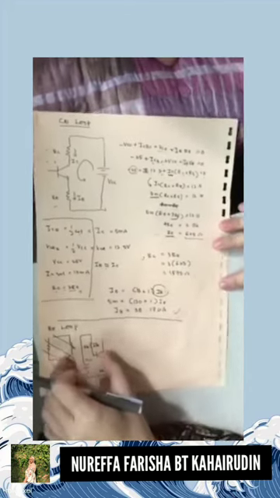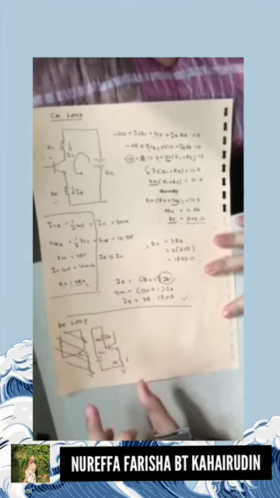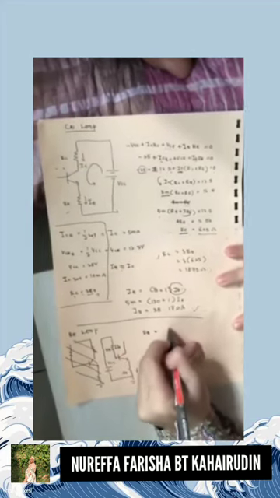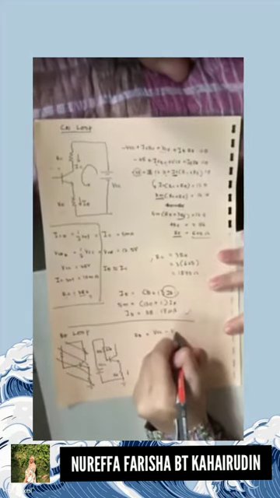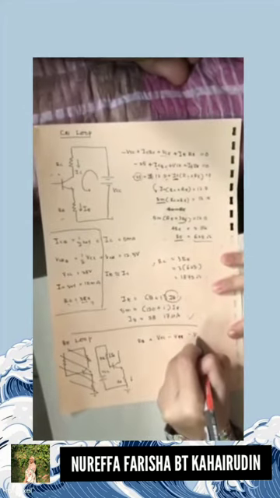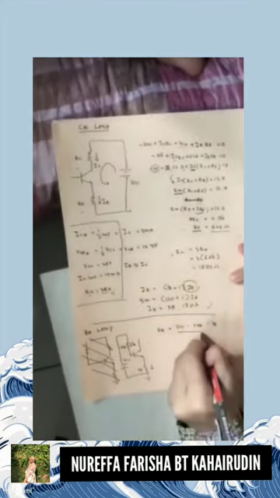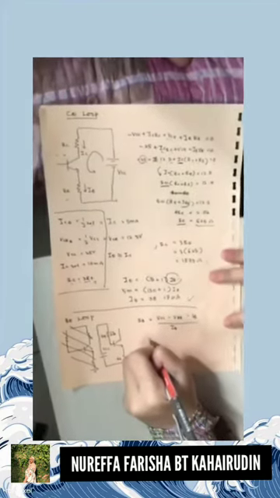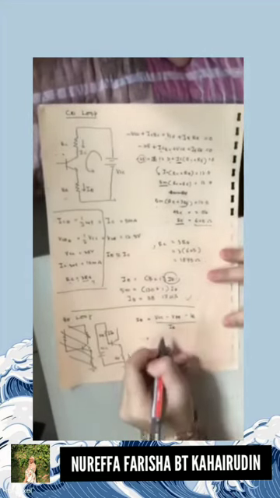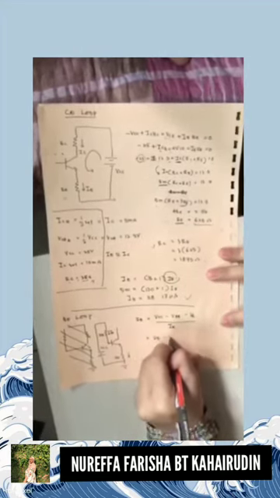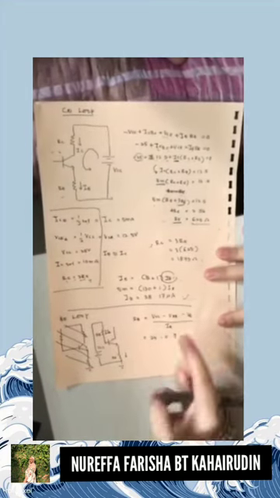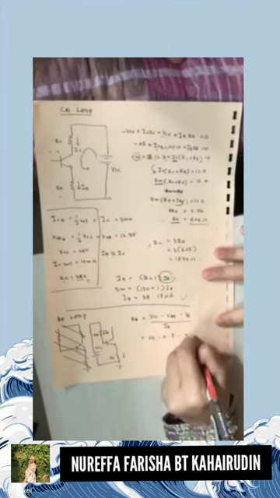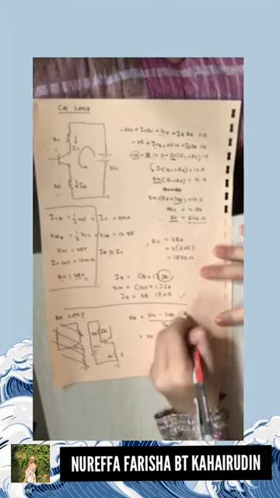To find the RB, we use the BE loop. Okay. RB is equal to VCC minus VBE minus VE over IB. So just input the values: 50.7, and VE is equal to 3.125. How to get the VE?